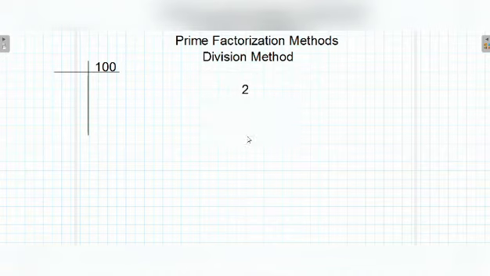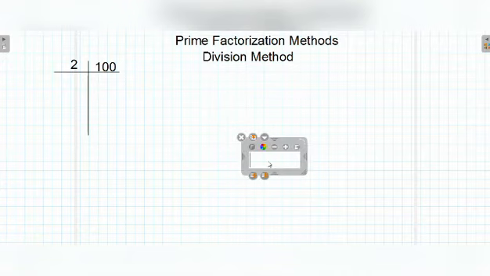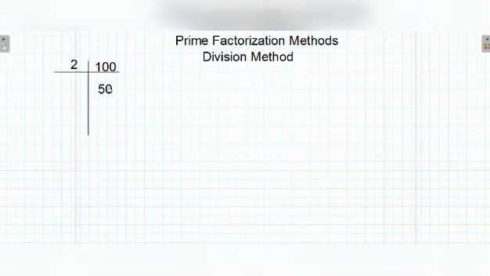So first, 100 divided by 2 gives 50. So I will put 50 here as an answer.